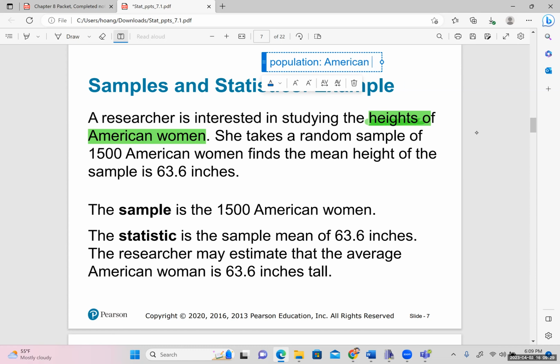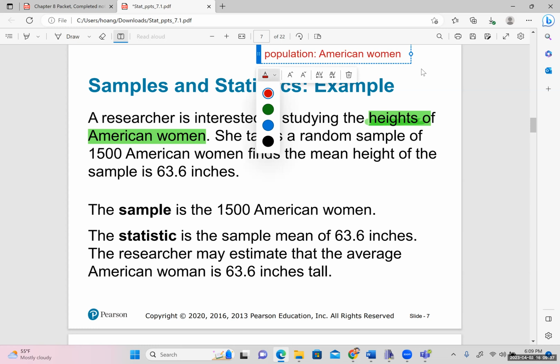So can you measure all the American women? Oh wow, that's going to be almost impossible.